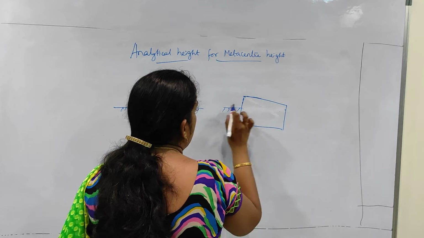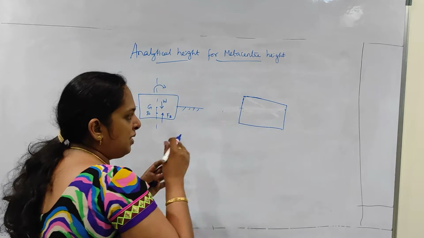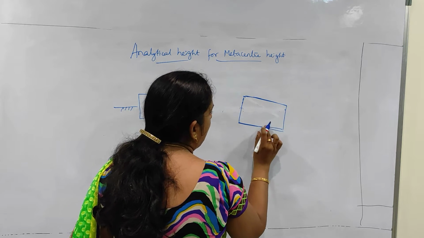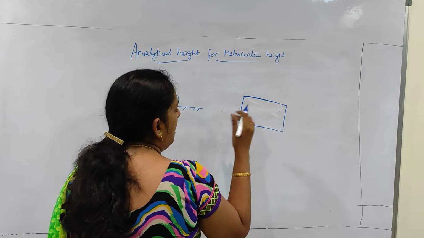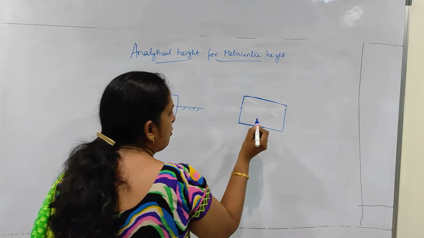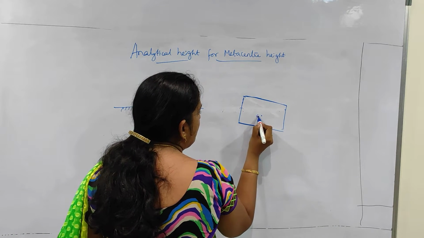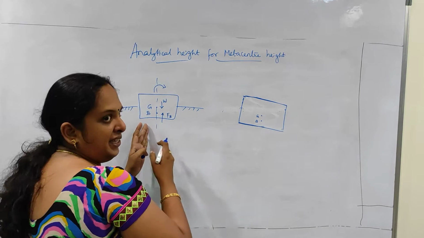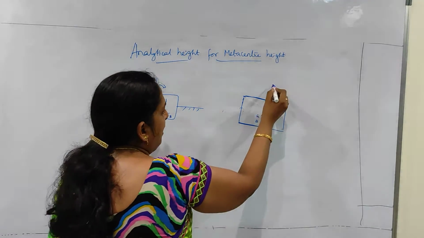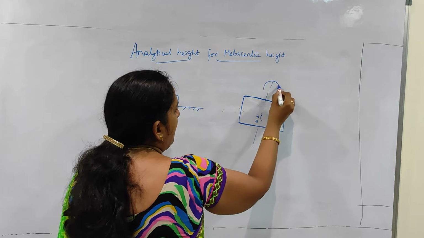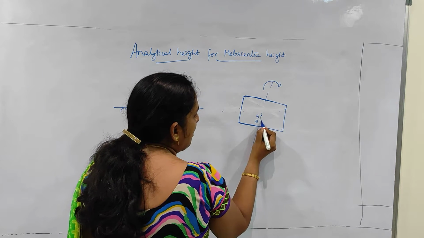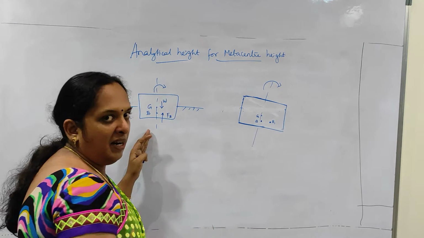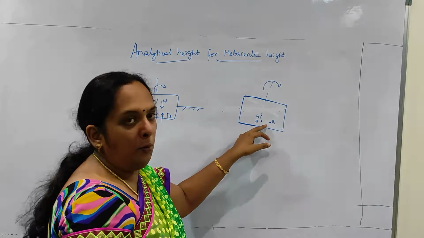So my body is changing its position, from here to here, because of my angular displacement. Where is my center of gravity here? This is my G and this is my buoyancy, but that is the original one. Because of this tilting, this angular movement, the center of buoyancy will move to a new position, which is your B1. So it moves from B to B1.